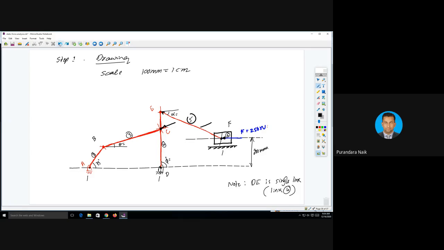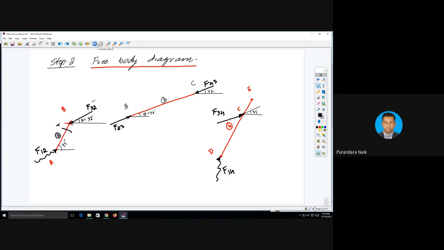No, there is no intermediate force. That's why the force acting on link number 4 will be along the direction of link number 5. So link number 5 direction, alpha angle. Check the alpha angle. This is F54. Take that angle here. This is alpha.